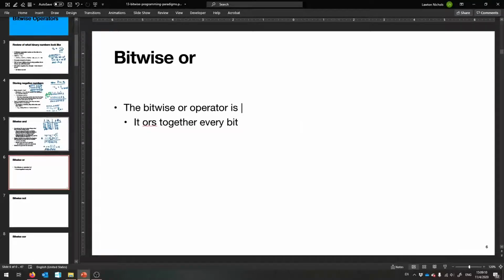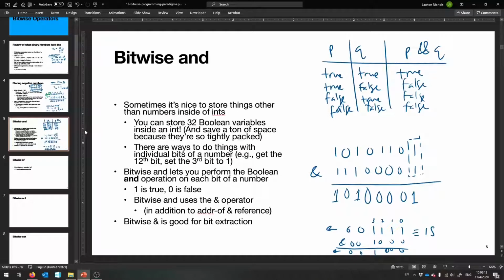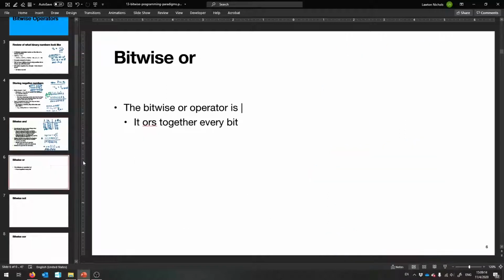So again, if I had, let me pick some other numbers. If I had 1 0 1 1 0 1 1 1, and then 0 0 0 0 1 1 1 0. How about that?